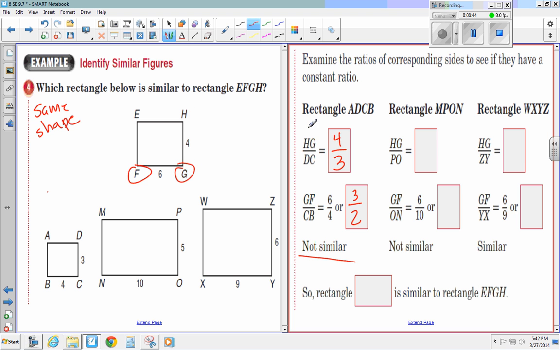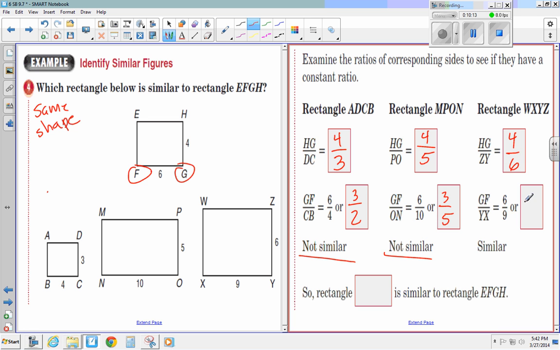Now look at HG, 4, over PO, 5, and compare that to GF and the corresponding side ON. Then of course reduce it, which reduces to 3/5, which is not the same, not similar. HG once again is 4. ZY this time is 6.